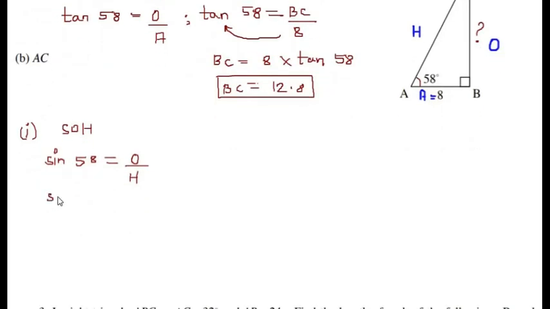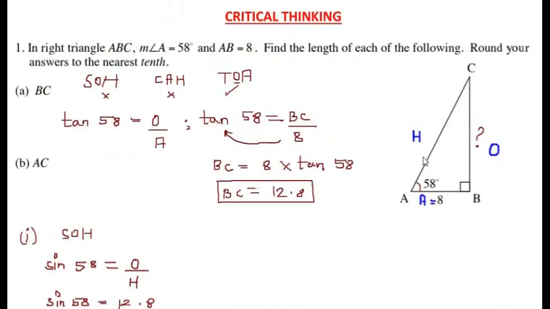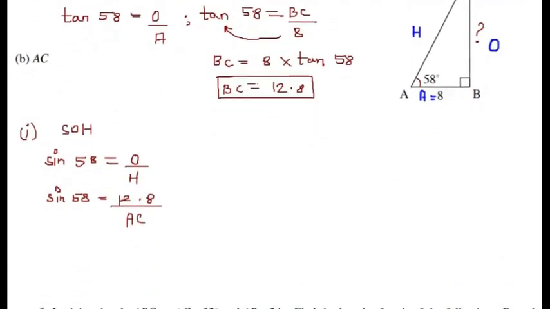So here we have sine of 58 equals opposite, which we have as 12.8, and the hypotenuse is AC. So here we are going to exchange the places between AC and sine 58. So AC will be equal to 12.8 divided by sine 58.